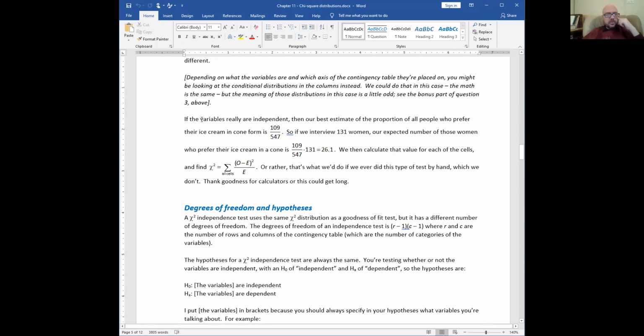So if the variables are actually independent, then our best estimate of the proportion of all people who prefer their ice cream in cone form is 109 out of 547, right?